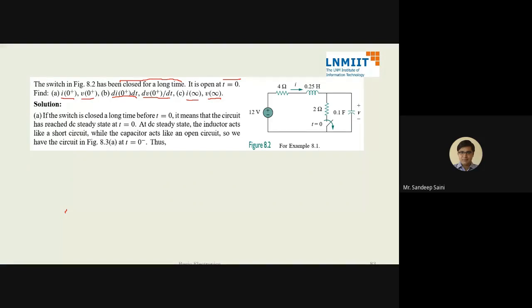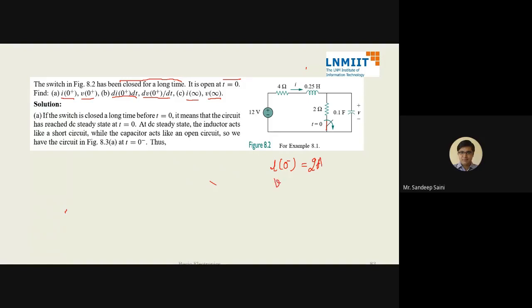Now look at this circuit. This switch was closed for a long time. That means DC conditions have been prevailing for a long time, so the capacitor will act like an open circuit and the inductor will act like a short circuit. Can you tell me the value of I of 0 minus? 2 ampere.